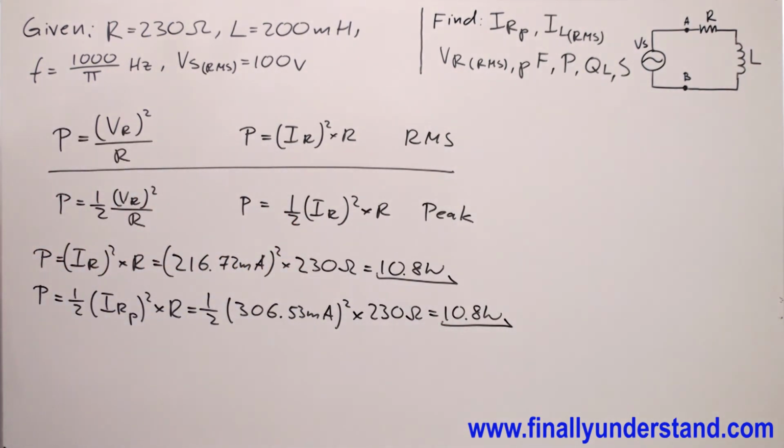Let me just tell you one more time. If you have RMS value of current, you're supposed to use this formula. If you have peak value of current, you're supposed to use this formula.